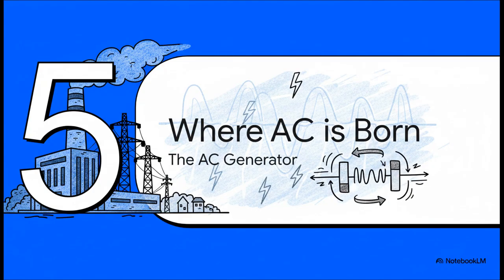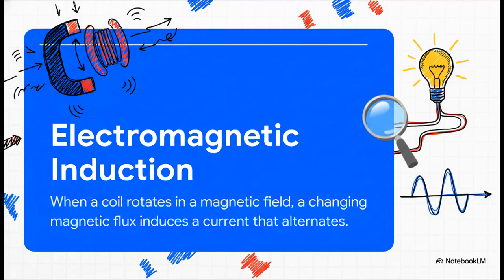So we know what it is, and we know why we use it. But where does AC even come from? For that, we have to take a quick trip to the power station. It all boils down to a beautiful law of physics from Michael Faraday. Basically, inside a giant generator, you have a huge coil of wire that's spinning inside a powerful magnetic field. As that coil rotates, the magnetic force on it is constantly changing, and that change induces an electric current.